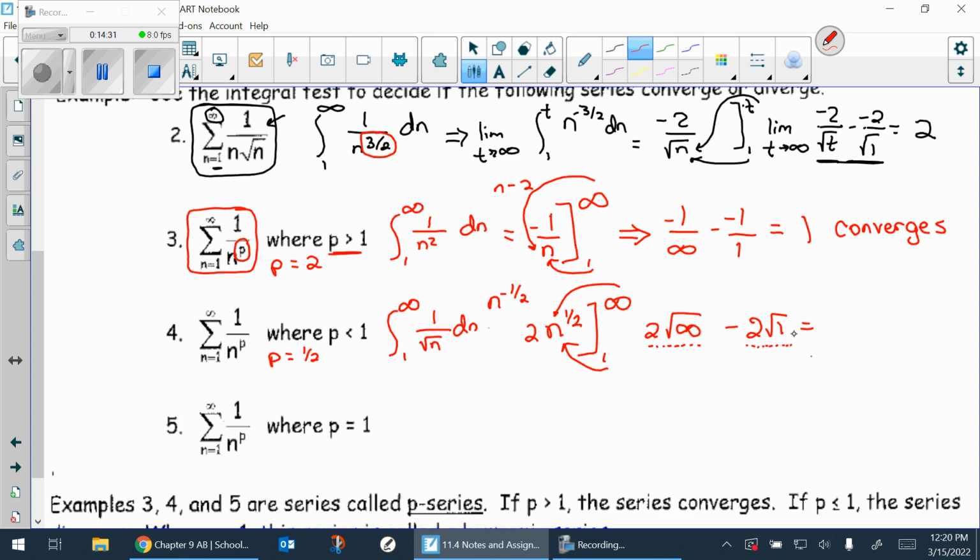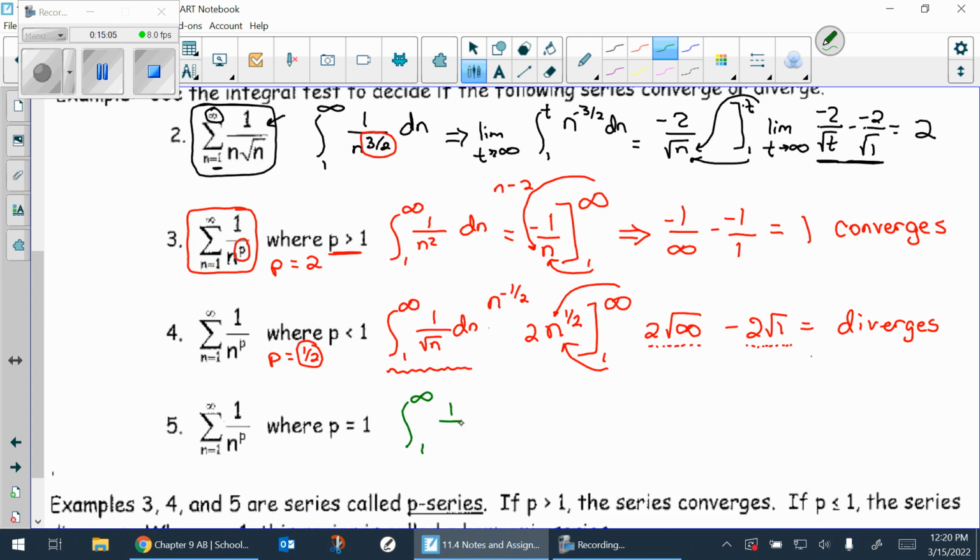And so I would say that this integral diverges. We did not get a definite value. So we see that if p is 1/2, we diverge. Now what if p is equal to 1? If p is equal to 1, I'm going to take the integral from 1 to infinity.